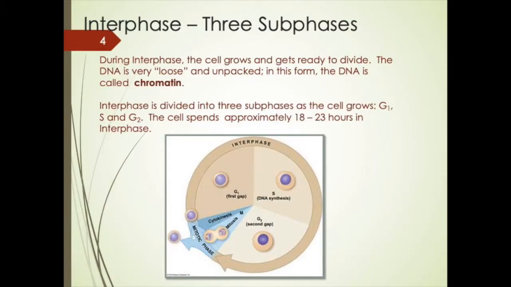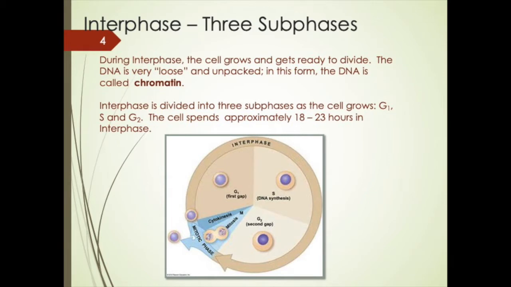At the end of interphase, there's still 46. However, with all the genetic material being copied, there are 92 chromatids, right? There's still 46 chromosomes, there's just 92 chromatids. So they're duplicated. During interphase, the cell grows and gets ready to divide, right?